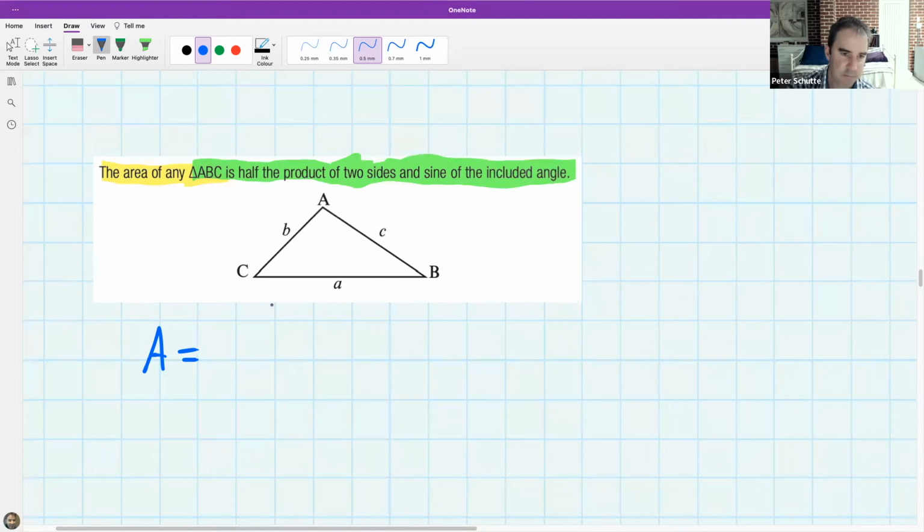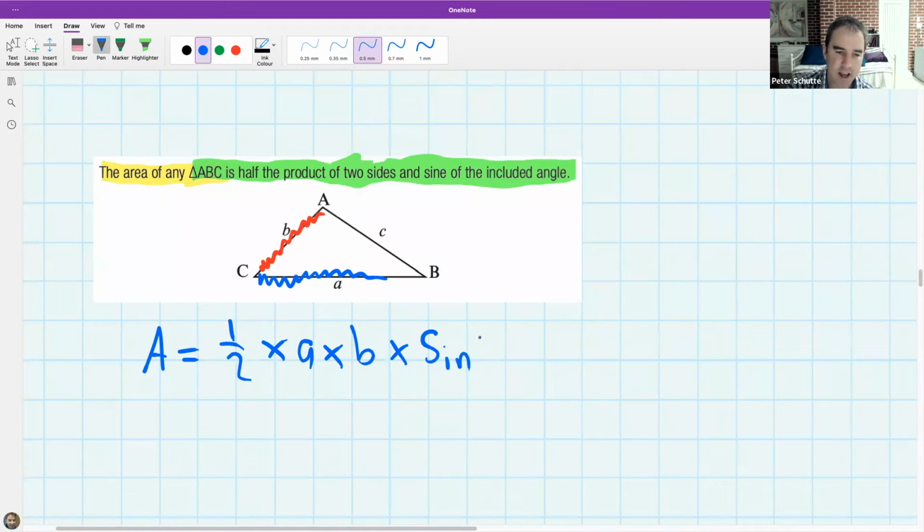So if I'm going to focus on this side A and this side B, how would I write down the area rule here? And I would write down 1/2 times the product of 2 sides. So the first product is A, the second part of it is B. Now, what is the angle involved going to be?